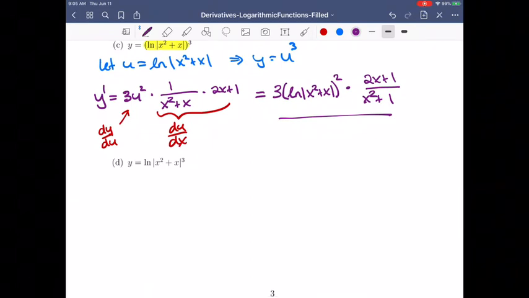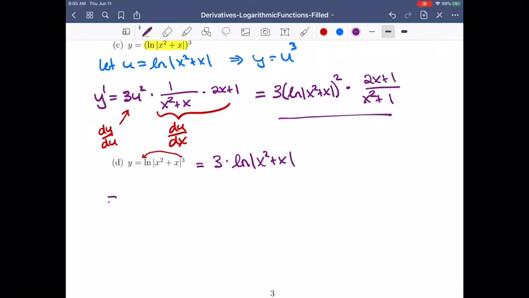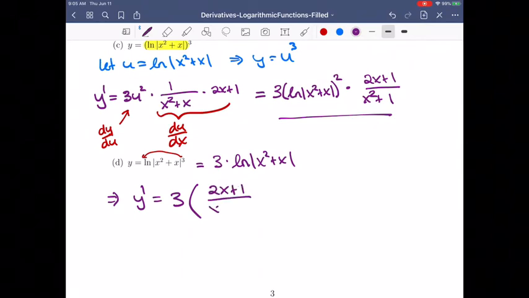Now for the next one, the cube is just on the absolute value of x squared plus x. That means we can bring it to the front using the log rule. So this is 3 ln of x squared plus x. That means y prime is going to be 3 times, and in fact the derivative we just did, 2x plus 1 over x squared plus x.